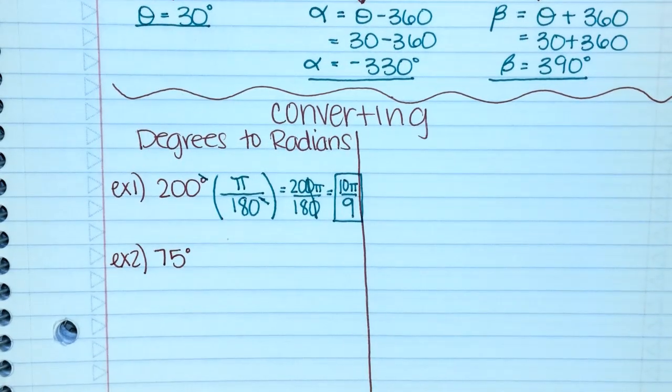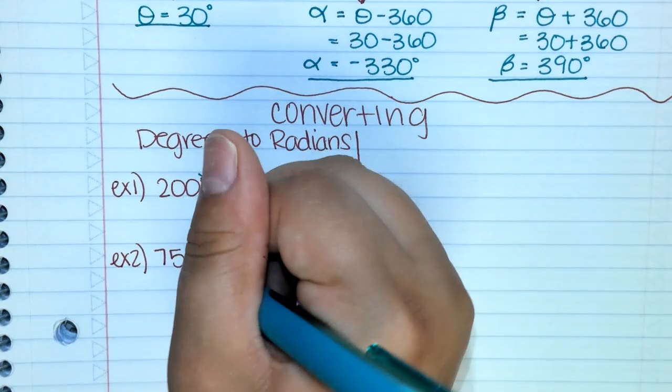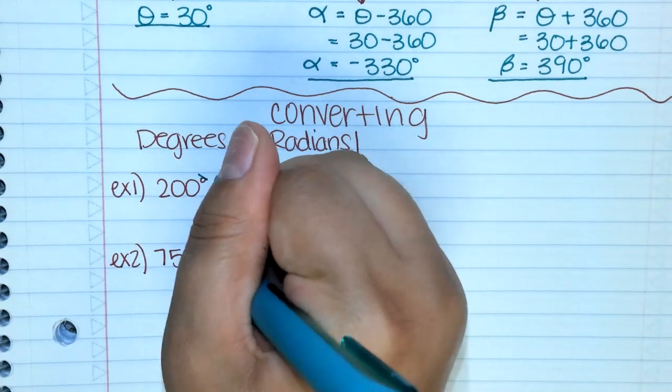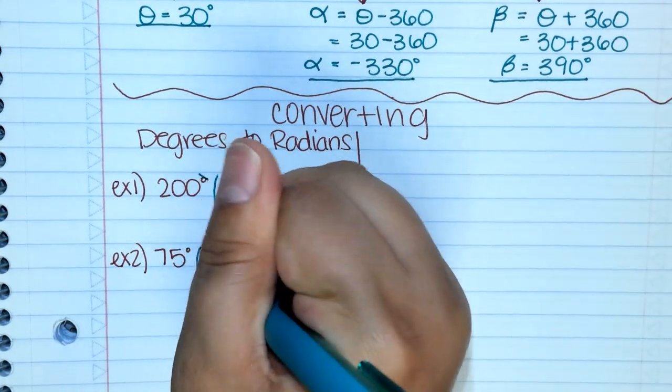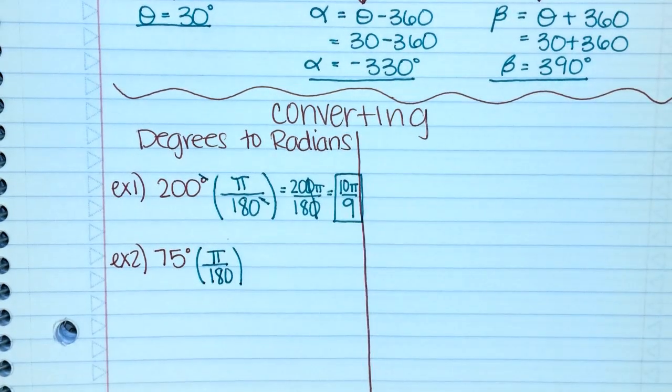What about if I wanted you to convert 75 degrees? What are you going to do? Multiply, same thing, by, are you always going to multiply by pi over 180? Yeah, that's not going to change. If you're converting from degrees to radians, yes.